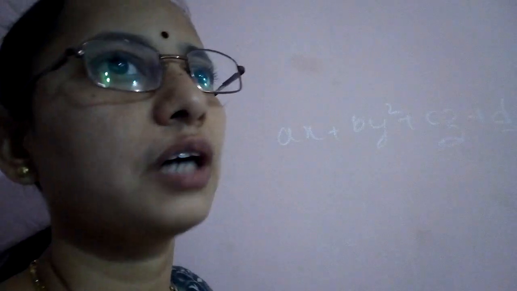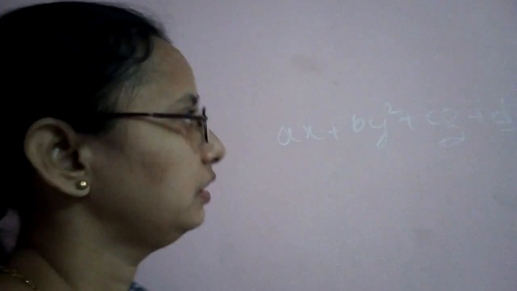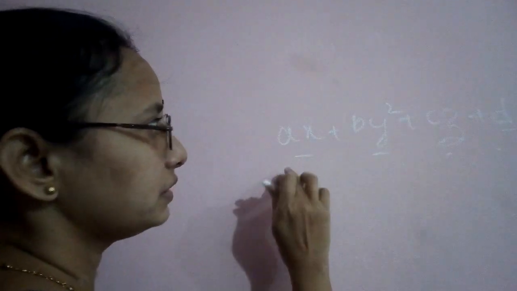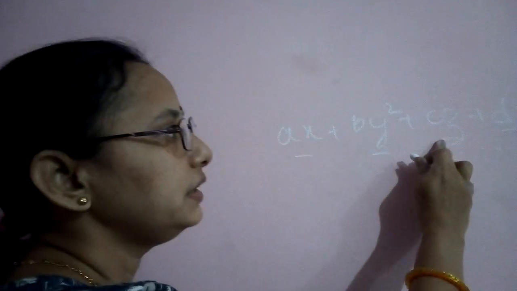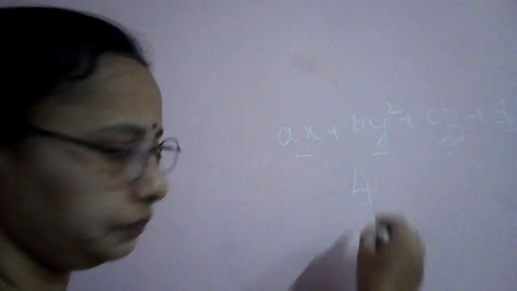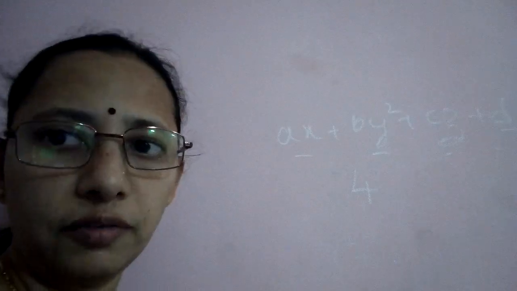Let's find out how many terms we have in this equation. We have 1, 2, 3, 4. That is ax, by square, cz and d. So the number of terms in this equation is 4. This is one model of question we have in general. These types of questions come as 1-mark or 2-mark answers.